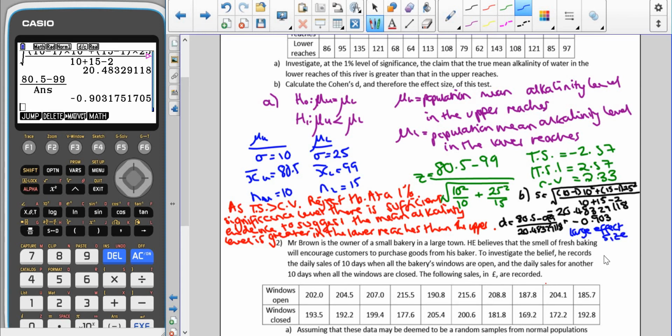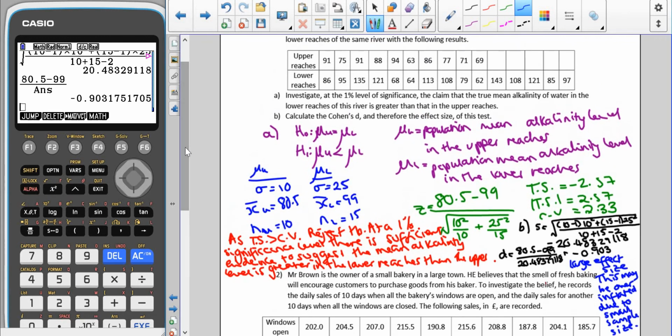But we could also add a comment saying this may be overinflated due to small sample size, because we only had 10 pieces of data in one group and 15 pieces of data in the other group.